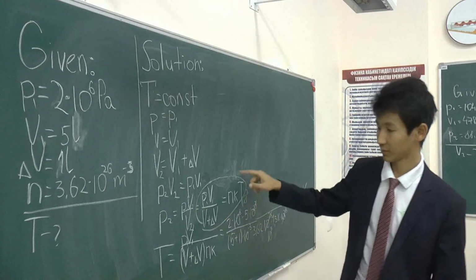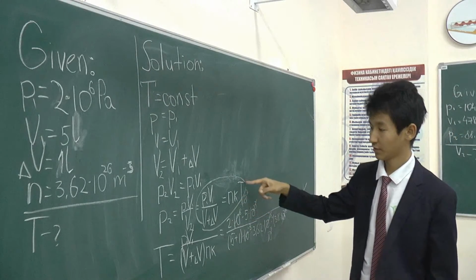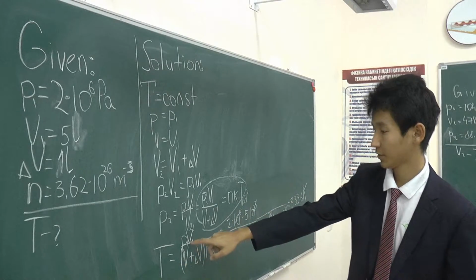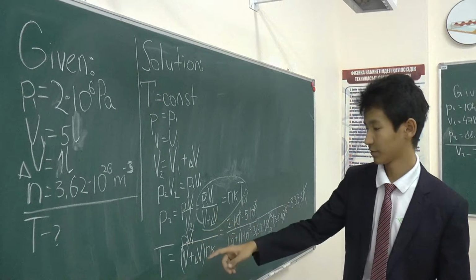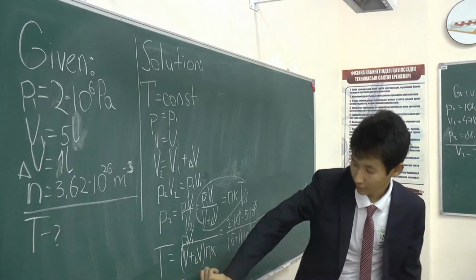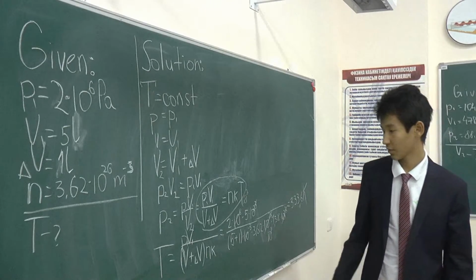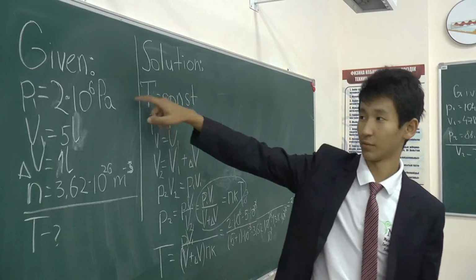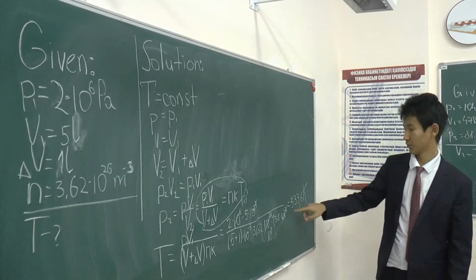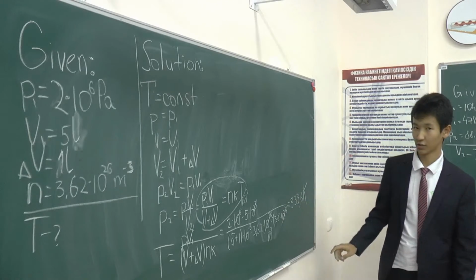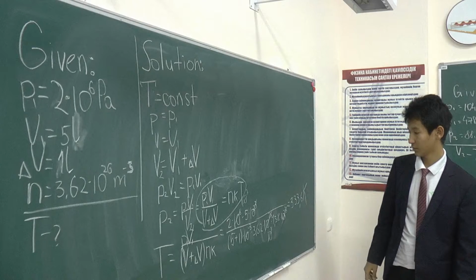So from this last equation, we can rearrange to get the temperature: the multiplication of initial volume and initial pressure divided by final volume, concentration and Boltzmann constant. There we can put in our given values, do all our calculations, and at the end we find that the temperature was 333.6 Kelvin.